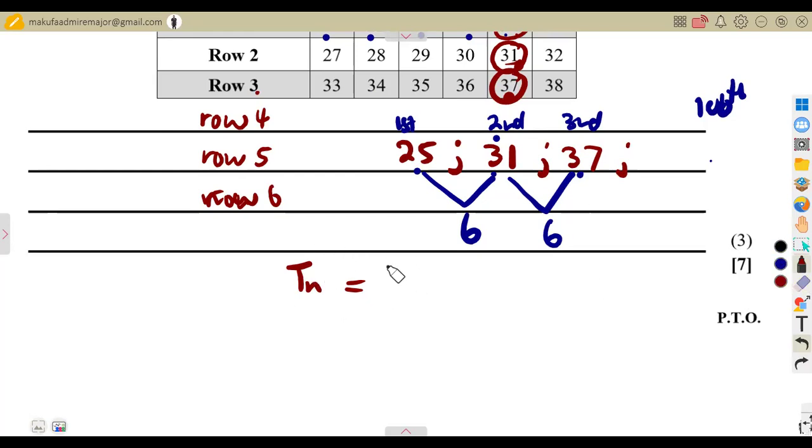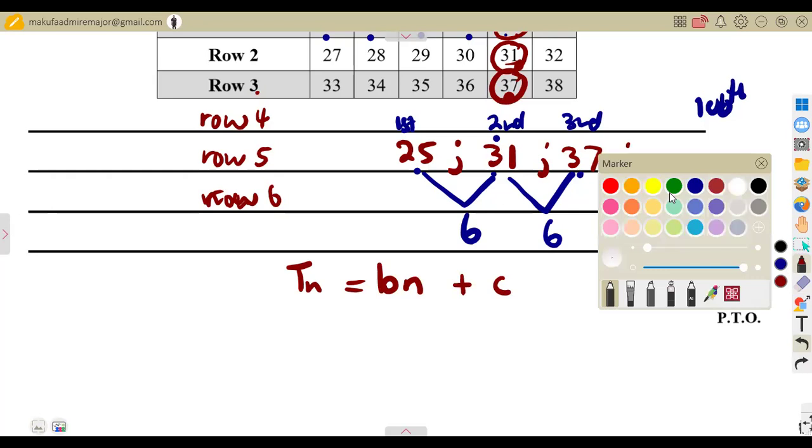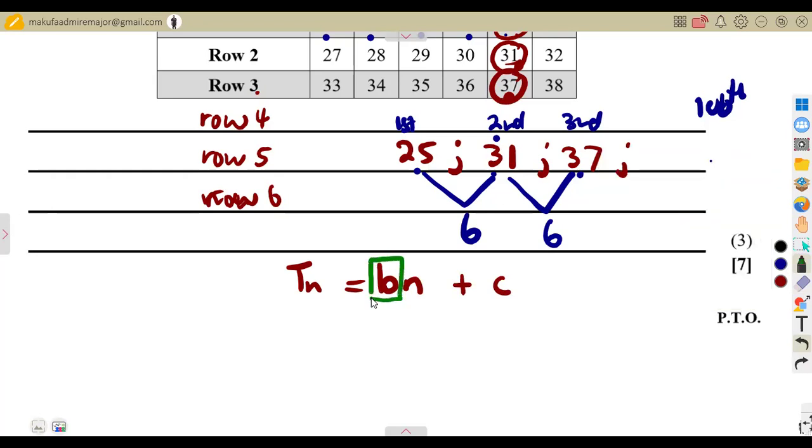Tn is equal to the difference times n. So I just want you to use it as bn plus c, or you can use n plus any letter that you want, as long as you understand that this is going to represent the common difference, the constant difference.